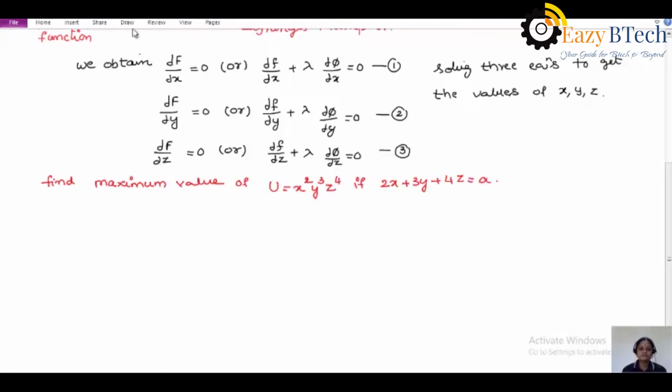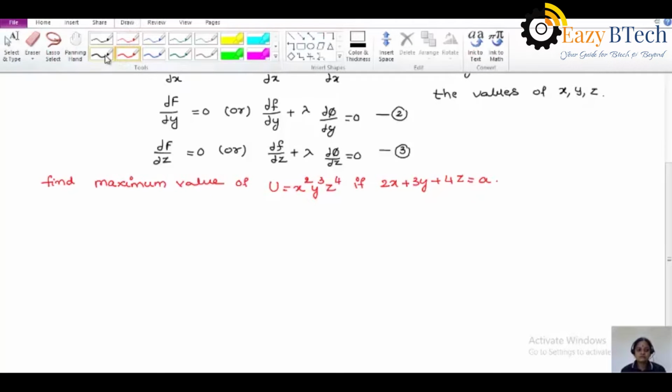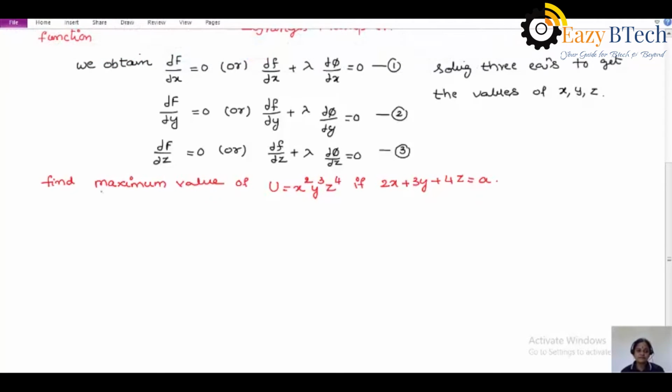This is the question. In the question it was already asked to find the maximum value. So this is the function and this one is the subject to the condition. Using the function and the subject to the condition, we have to find the values of x, y, z. Then at that point the function has the maximum value, because the question asked us to find the maximum value.